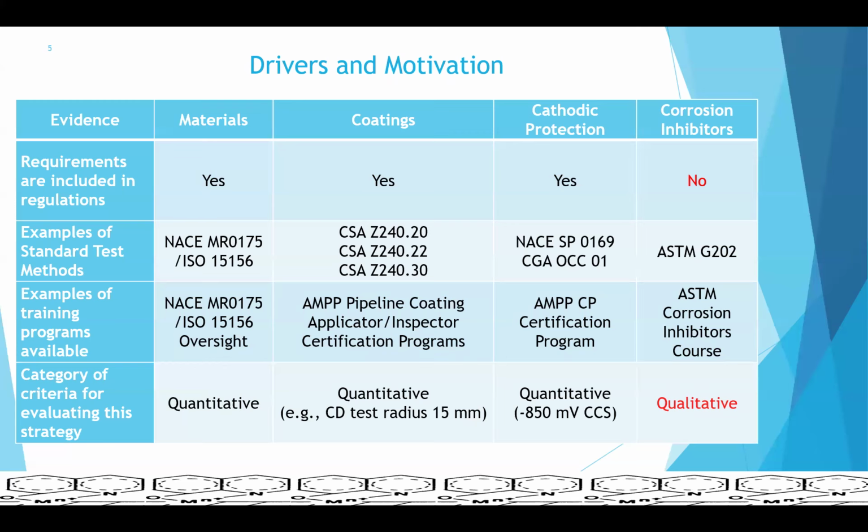For the fusion bond epoxy, if the coating exceeds in the test more than 15 millimeters, the coating is rejected. For cathodic protection, minus 850 millivolts versus copper sulfate is the quantitative criterion. If it doesn't meet, then it is considered that CP is not effective. However, such quantitative criteria are not developed as an industry, and that is the focus of this webinar series as well as the JIP project.